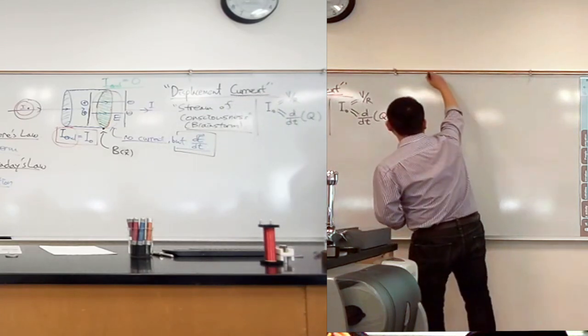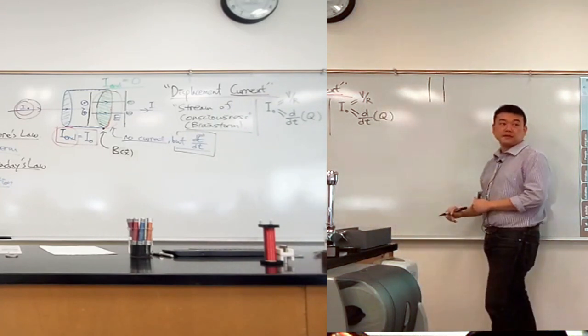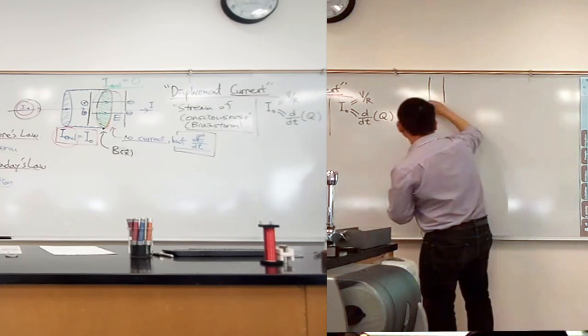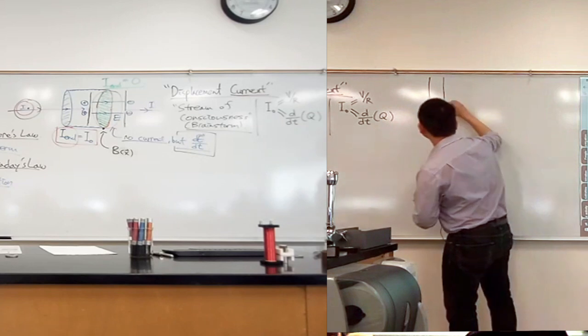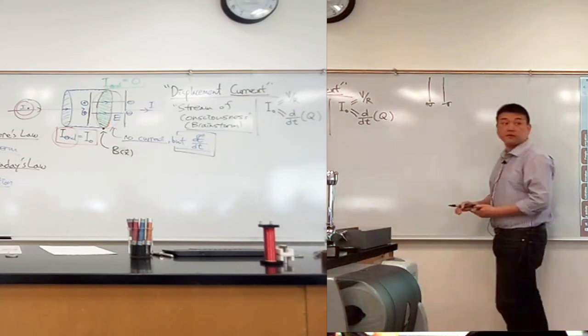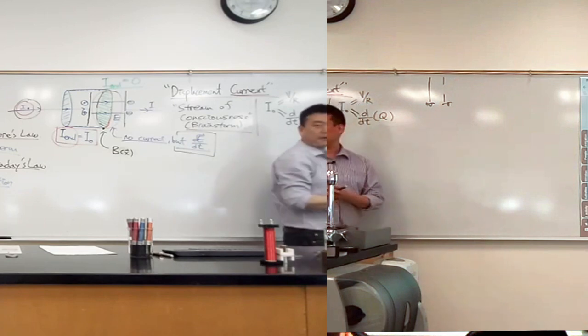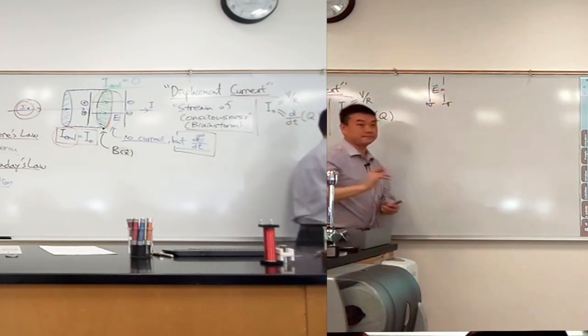If I have a parallel plate capacitor setup, or more precisely, a parallel infinite plane of charged particles, I have charge density of plus sigma on one, minus sigma on the other. Then with this setup, do people remember what the electric field between those two was? Yes?